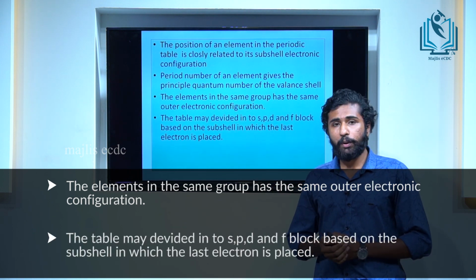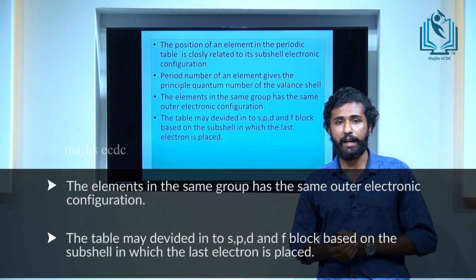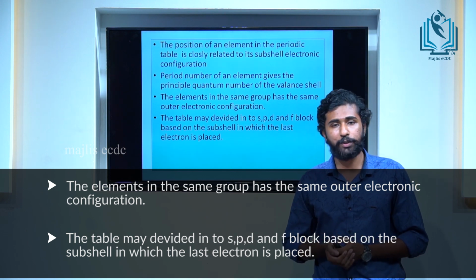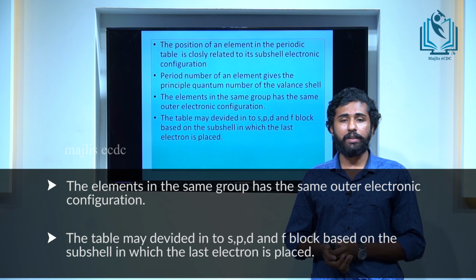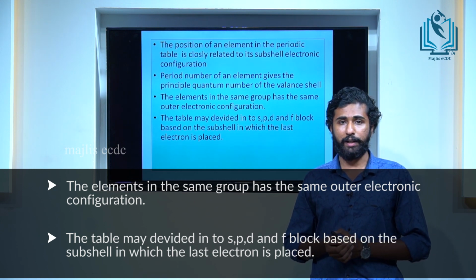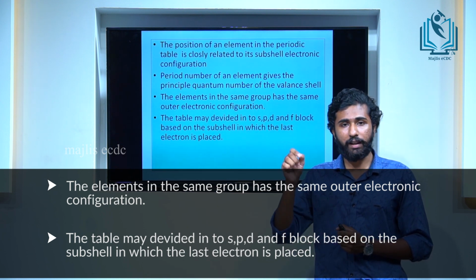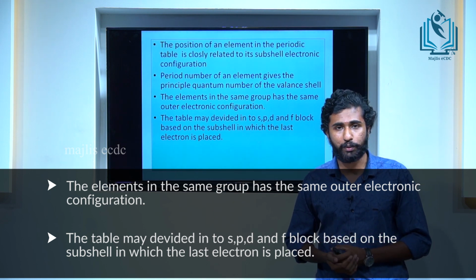The table may also be divided into different blocks. We have already seen the s, p, d and f blocks, and this division is based on the subshell in which the last electron is filled. For example, if the last electron is filled in the s subshell, the element belongs to the s block, and if the last electron is filled in the d subshell, that element belongs to the d block.